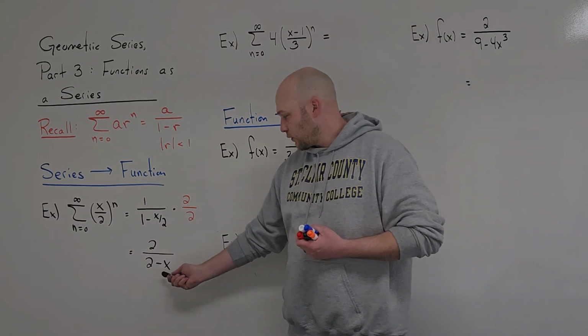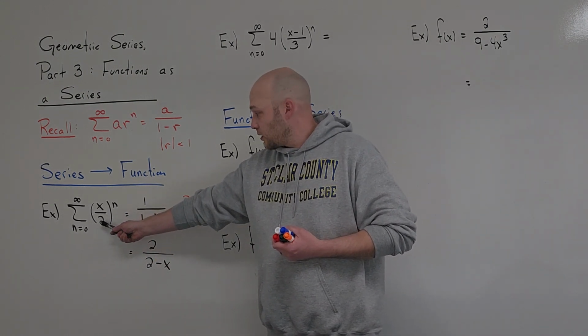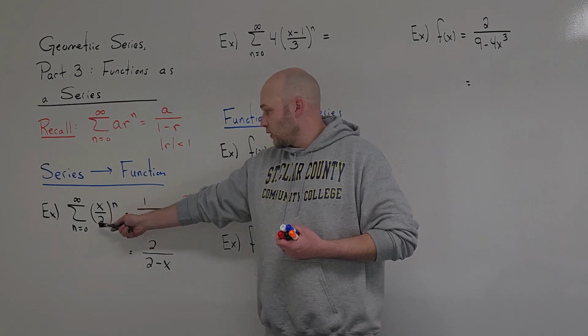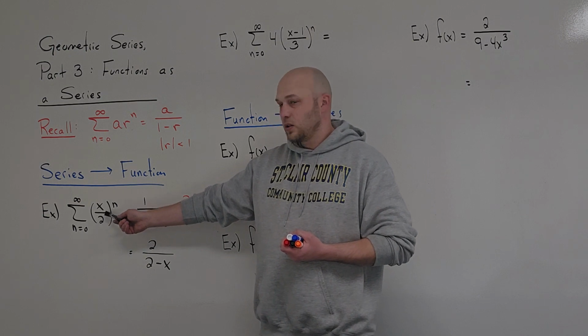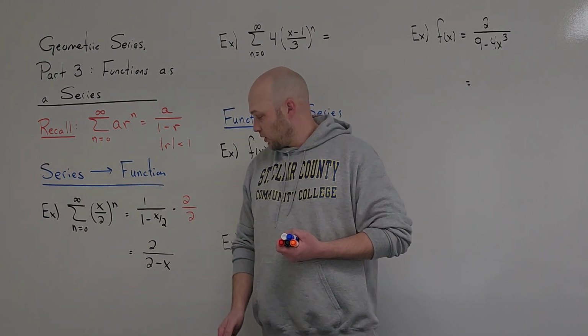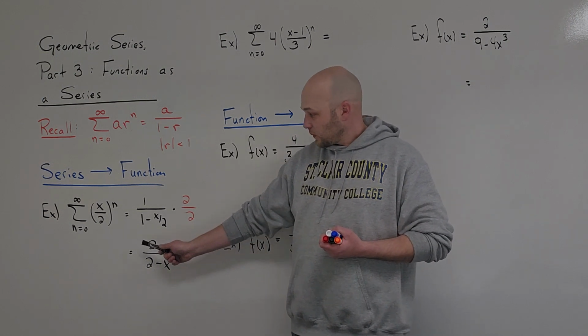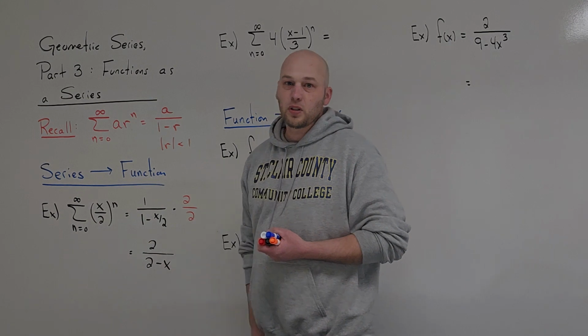However, if this expression is going to represent the geometric series, x over 2 would have to be between minus 1 and 1, therefore x would have to be between minus 2 and 2. This has a significant domain restriction, whereas the function does not. These functions only match on the domain restriction for the geometric series.